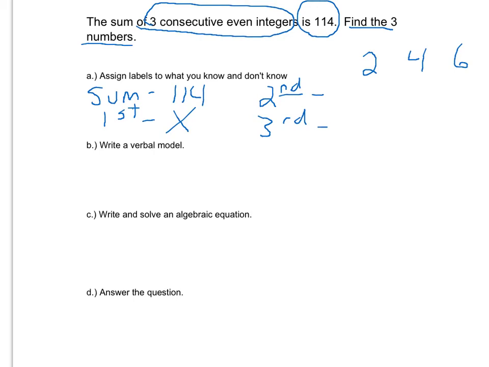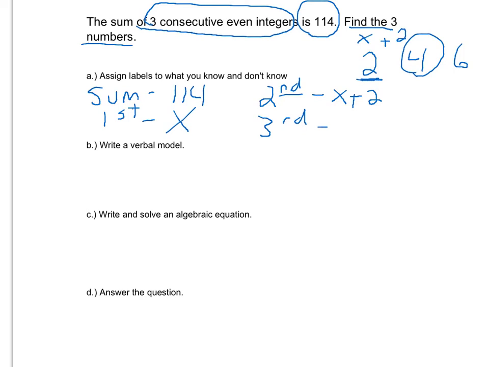Now we got to think about how we can represent the second number. So let's think about this. Let's say my first number was 2 and my second number was 4. Well, if 2 is x, then how can I express 4? How do I get from 2 to 4? Well, I add 2 to get from 2 to 4. So another way to express the second number when it's even integers is x plus 2. Because whatever the first number I start at, I'm going to skip the next number so I don't add 1 to it.